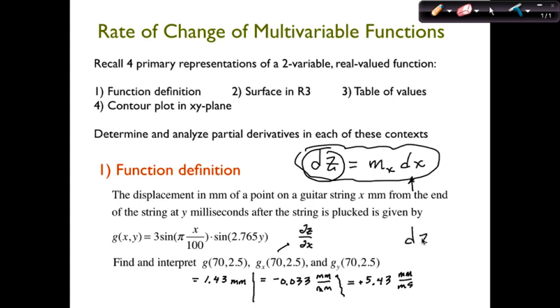We want to frame it this way: given any change in time from 2.5 milliseconds, given a small change in time from 2.5 milliseconds, the change in displacement of the string will be like 5.5 times as much as the change in time that you picked.